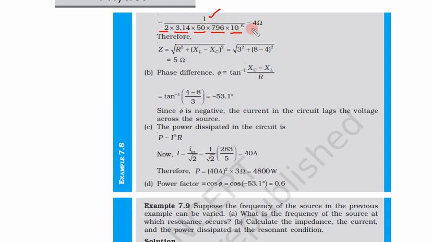When we solve this whole number, we get 4 ohms. So this is XC. What was XL? XL was 8 ohms. So now we have all the values, and R is already given as 3 ohm.